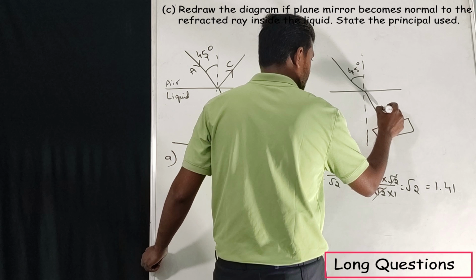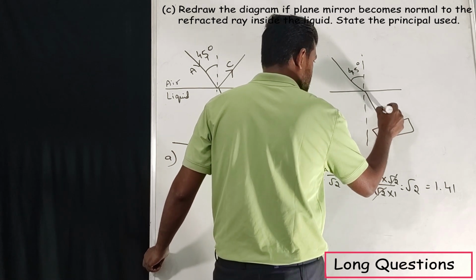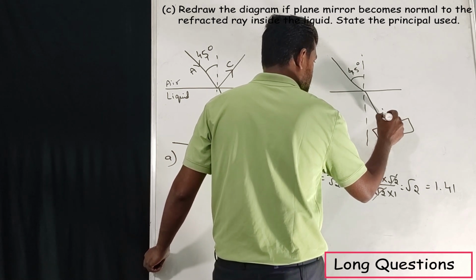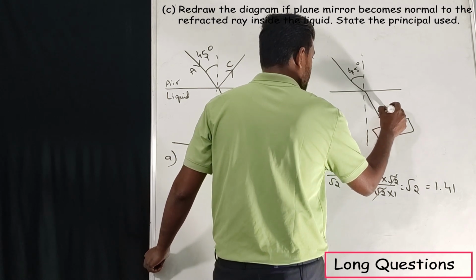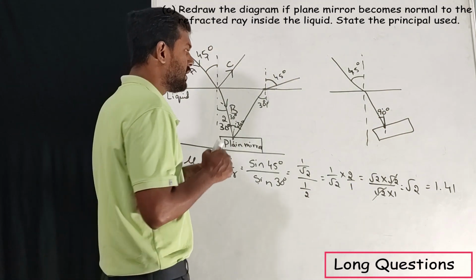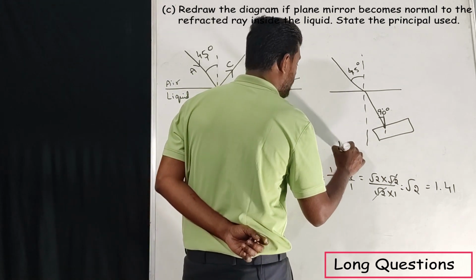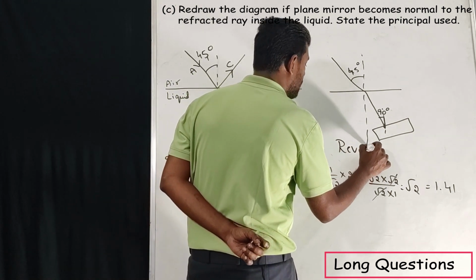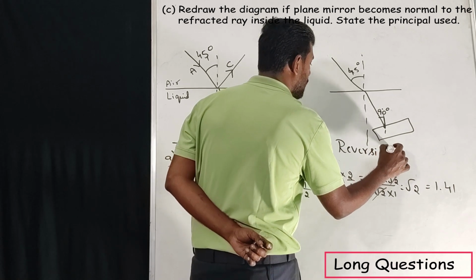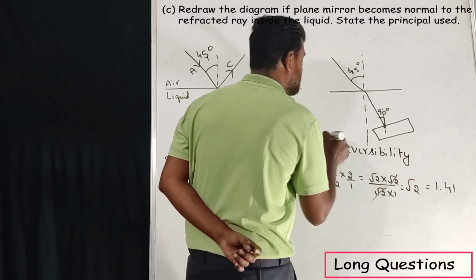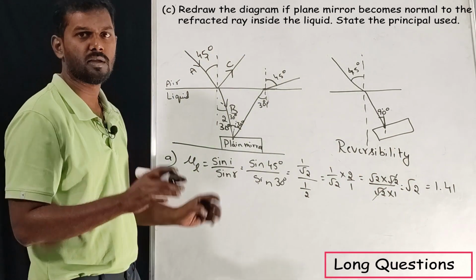So this is the refracted ray, this is the point of incidence, and this angle should be 90 degree. That's it. Now they are asking which principle we have used. The principle of reversibility. That's it.